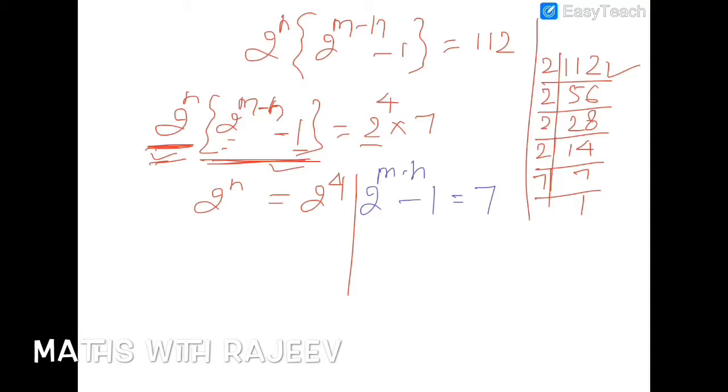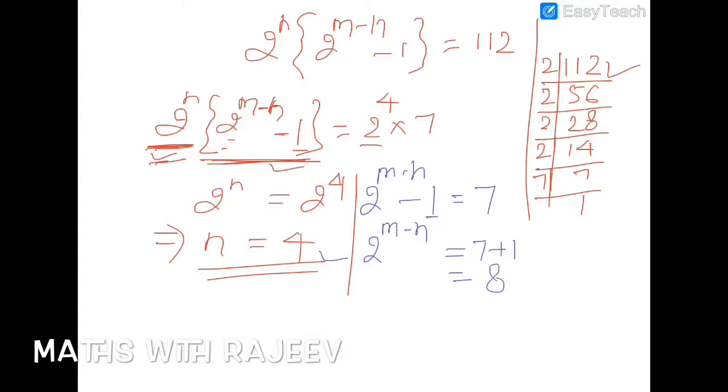So we can see here 2 power n is 2 power 4. It implies that n is equal to 4. Now the next step: another part we will solve. Here 2 power m minus n minus 1 is equal to 7. So 2 power m minus n is equal to 7 plus 1, transposed there, then it is 8.